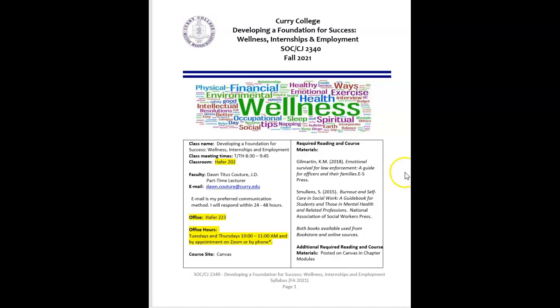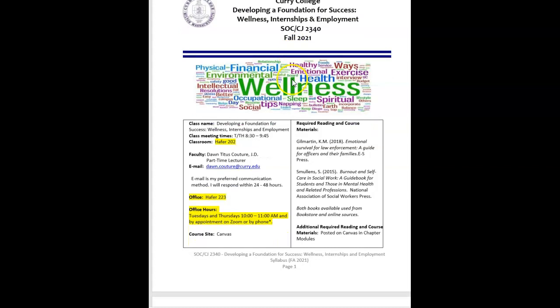And the other thing that I will mention is not only do you have textbooks, they're not textbooks, they're readers, they're short readers. In addition, there is required reading and other course materials, which is noted in the course schedule part of the syllabus, which is at the very end.